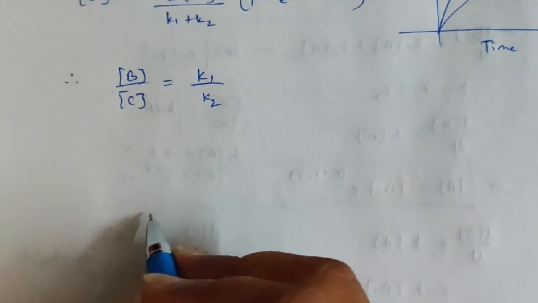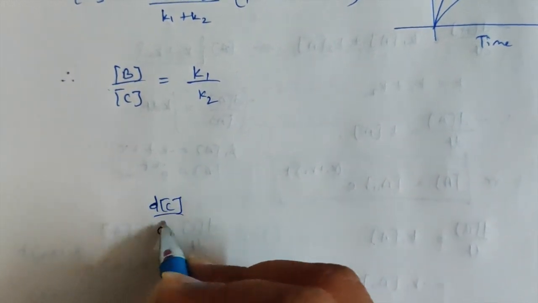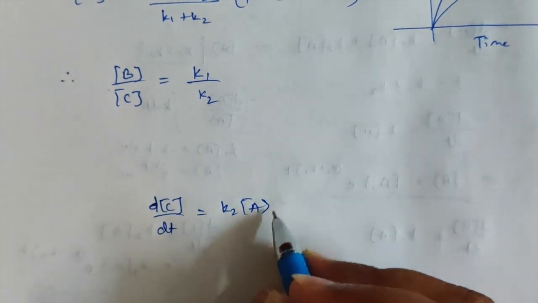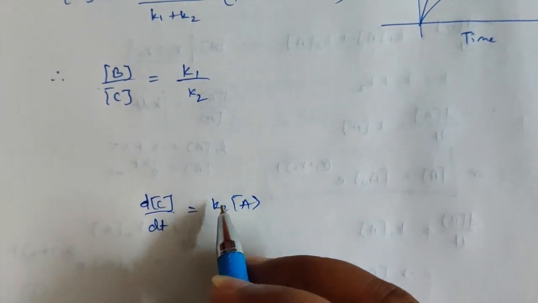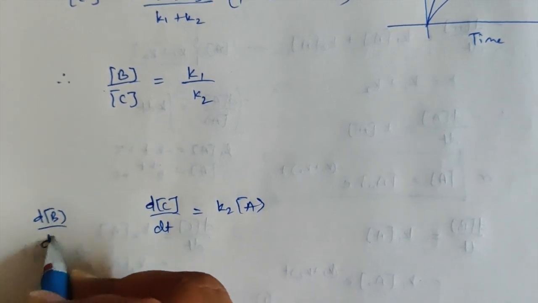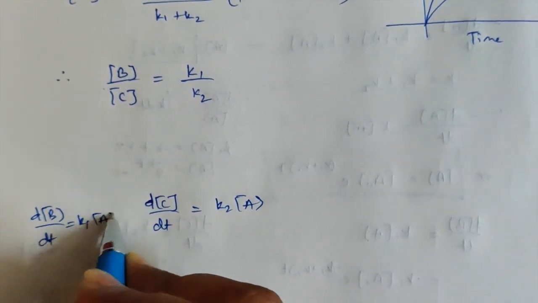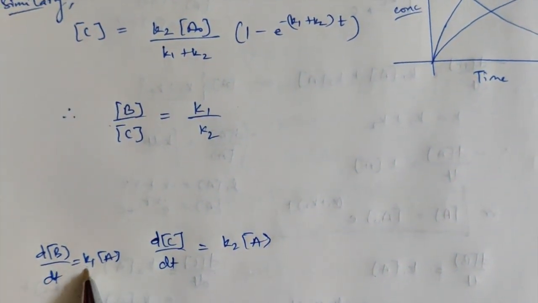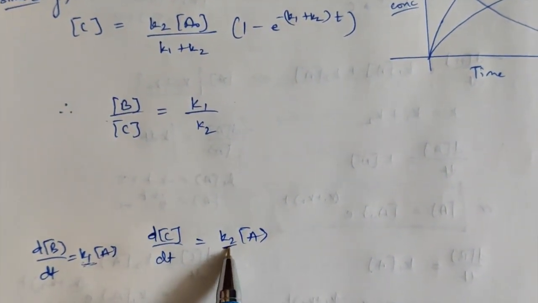Because we know that dC by dt is nothing but K2 into A. When you put the value of A, it is the same way we have done for B. For B we had dB by dt equals K1 into A, and from that we derived up to here. The only difference is K1, and for C we have K2.